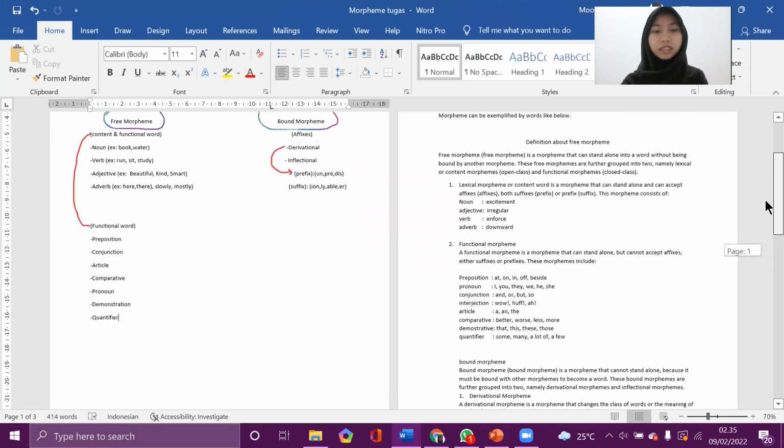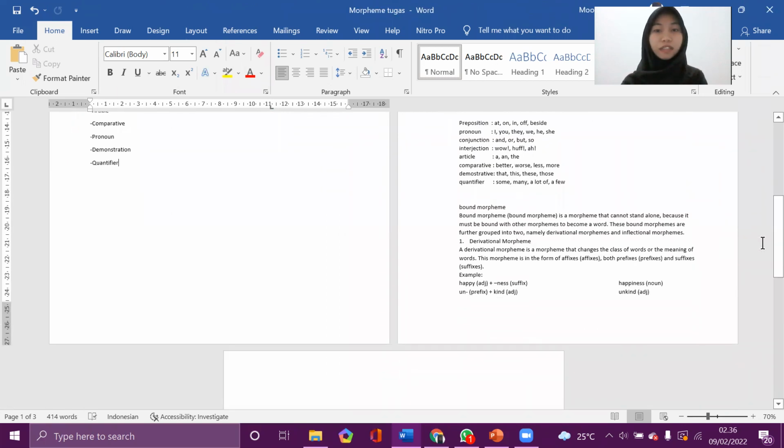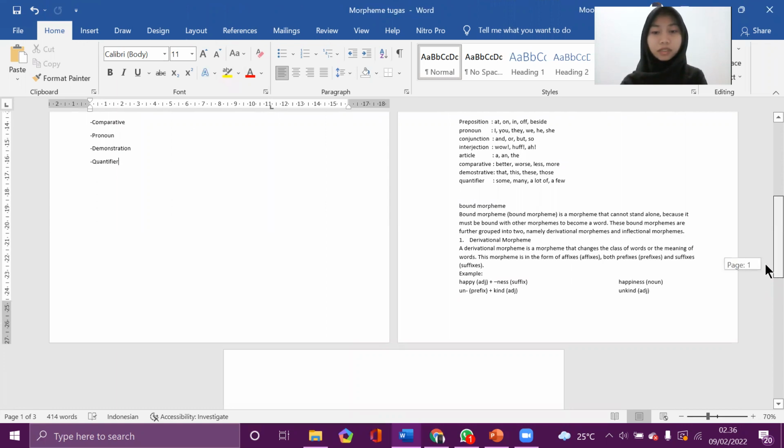So the first is derivational morpheme. So what is derivational? A derivational morpheme is a morpheme that changes the class or the meaning of words, and this morpheme is in the form of affixes, both prefix and suffix.